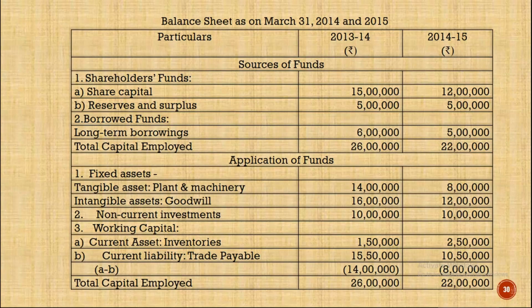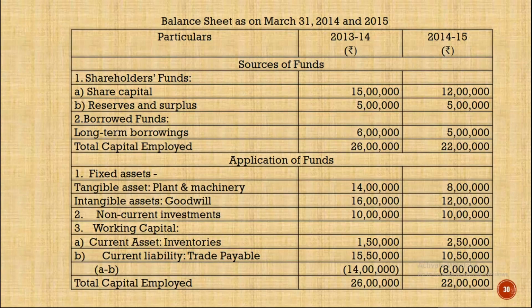And the third point is working capital, nothing but current asset minus current liabilities. In this way, they have presented here application of fund. You can see here total capital employed is calculated for application of fund by the addition of fixed asset, non-current investment, and working capital, that is A minus B, current asset minus current liability.